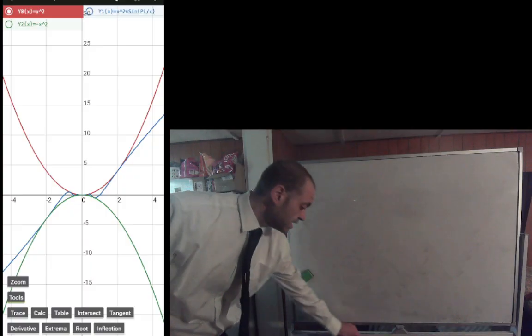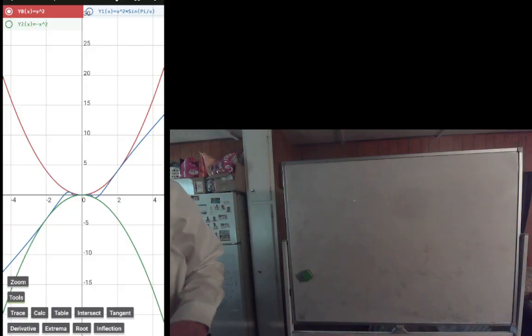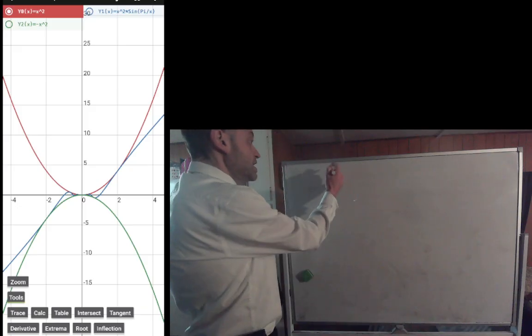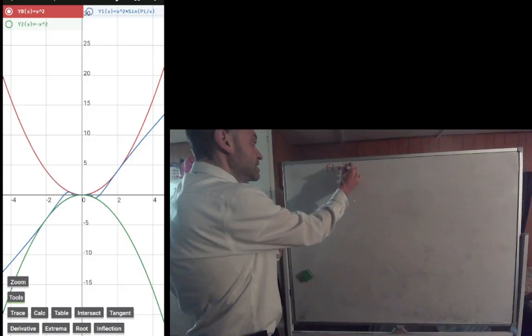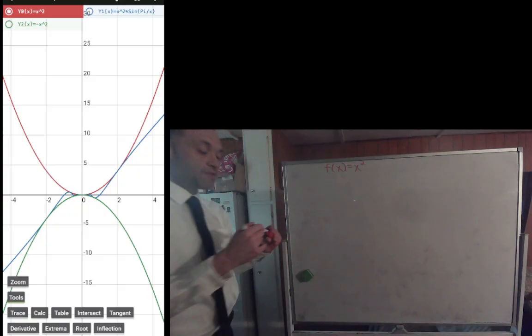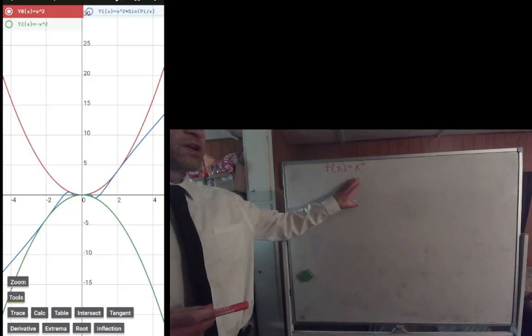So let's talk about what you have here. For the first function in red, let me actually write these in their respective colors. In red, you have f of x is equal to x squared. So you're given f of x equals x squared in red.